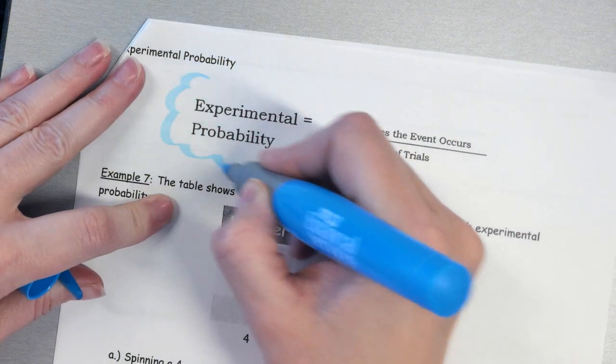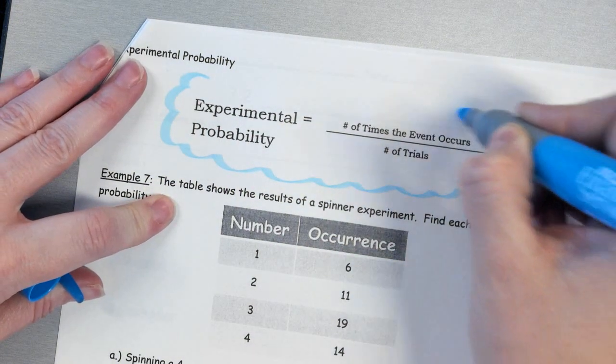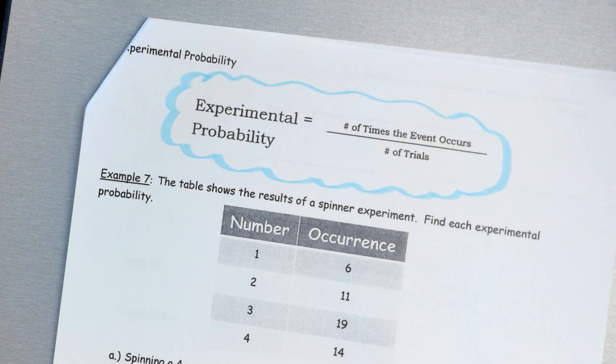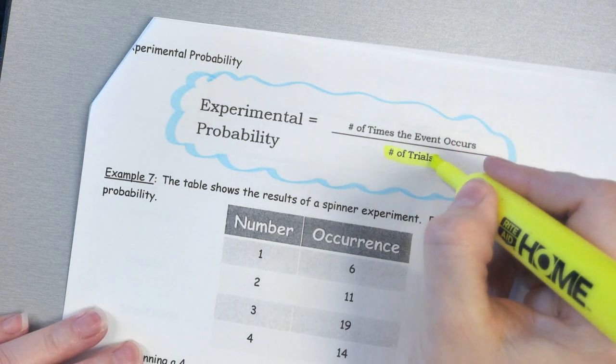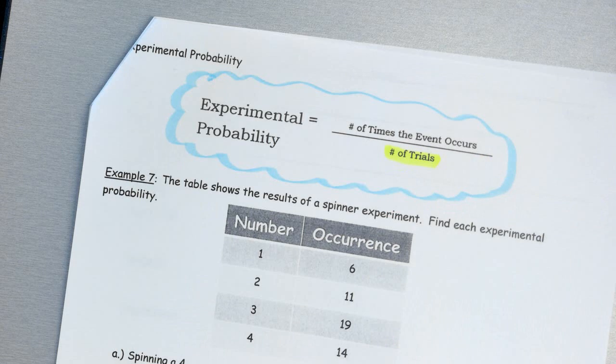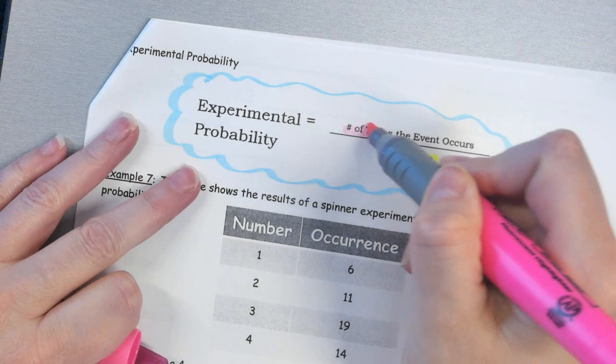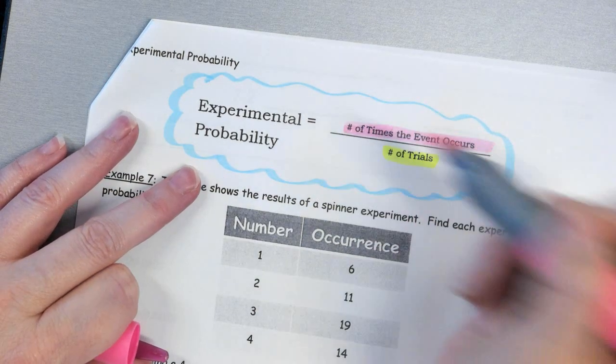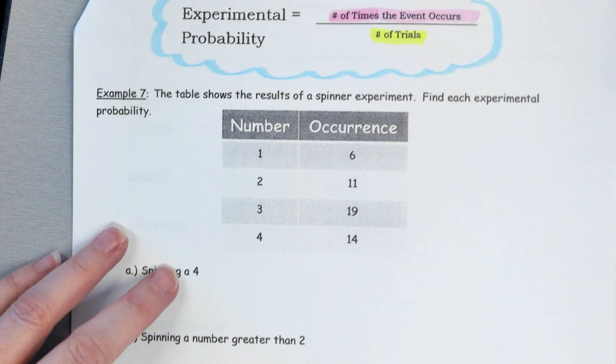Experimental probability is the number of times an event occurs over the number of trials. So it's still really the favorable over the total. It's just based on an actual event happening.